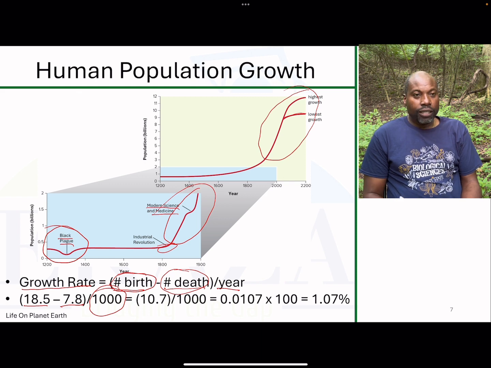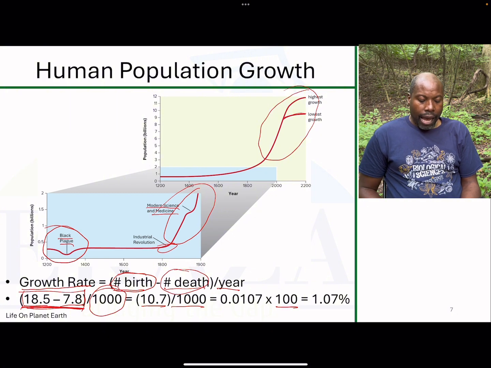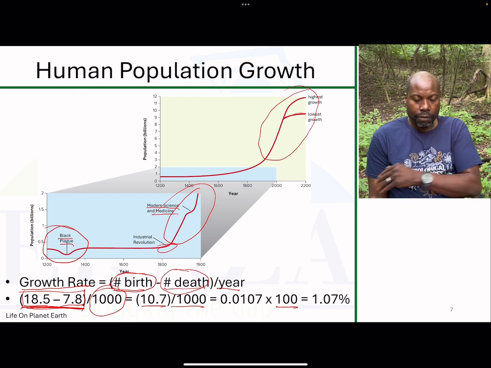So this is basically 10.7 divided by 1,000. This is 0.0107 times 100. This is 1.07%. That's the growth rate of the population for this birth rate and death rate.